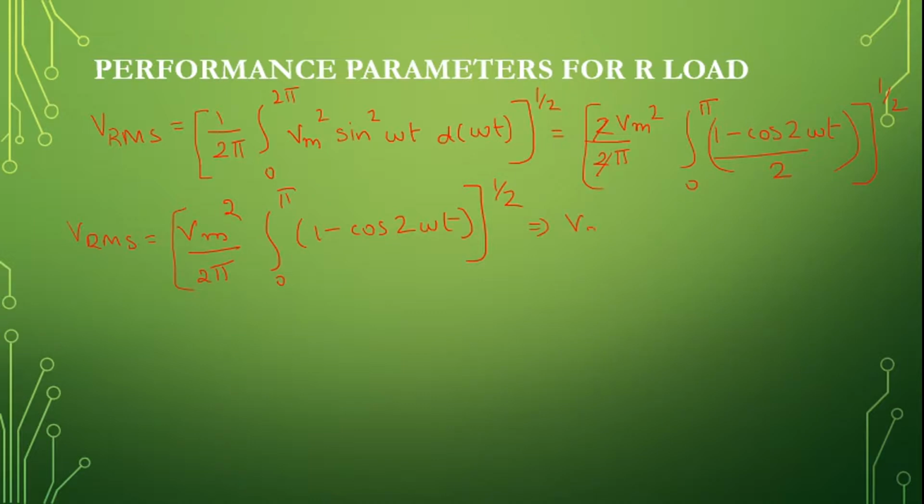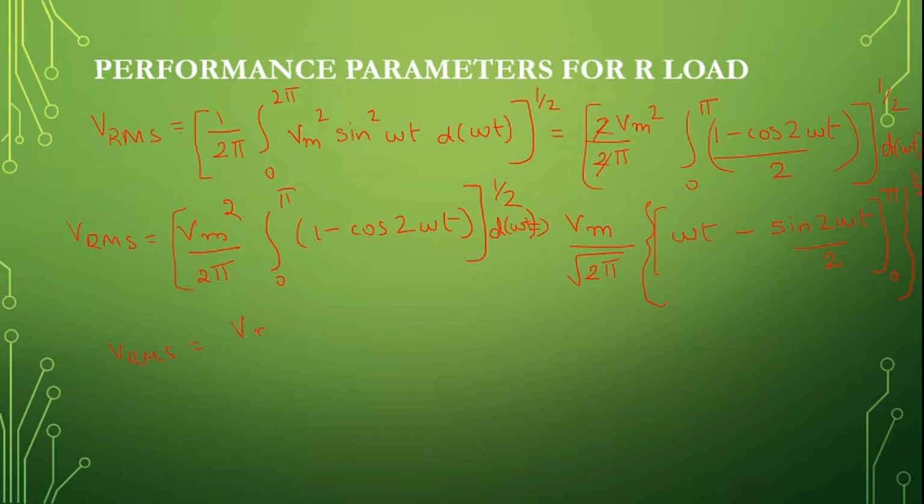Root of Vm square is Vm, so Vm by root 2 pi times the integral. The integral of 1 with respect to d omega t is omega t, minus the integral of cos 2 omega t, which is sin 2 omega t divided by 2, with limits from 0 to pi, this within the root. We'll simplify this.